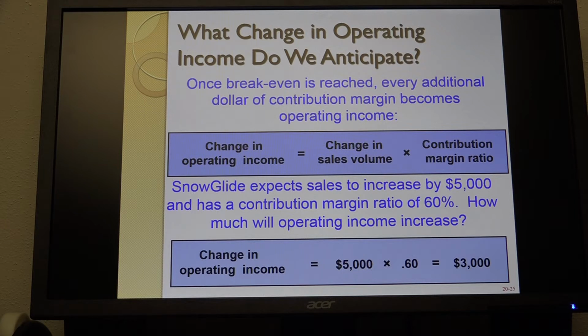So in this example, Snowglide expects sales to increase by $5,000 and has a contribution margin of 60%. How much will operating income increase? Simply take the increase in sales and multiply that times the contribution margin ratio, and you come up with an increase in operating income of $3,000.